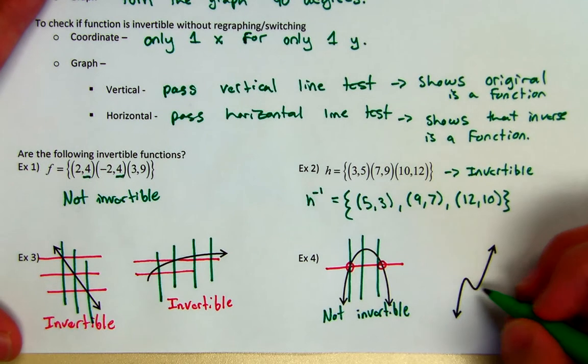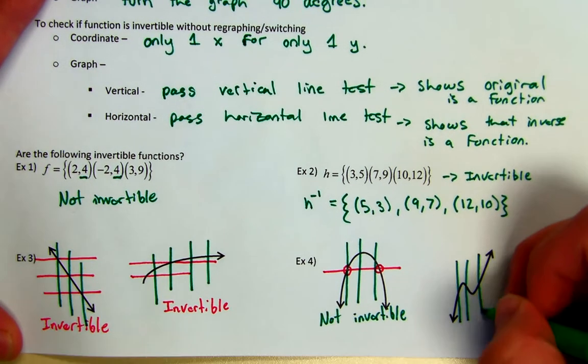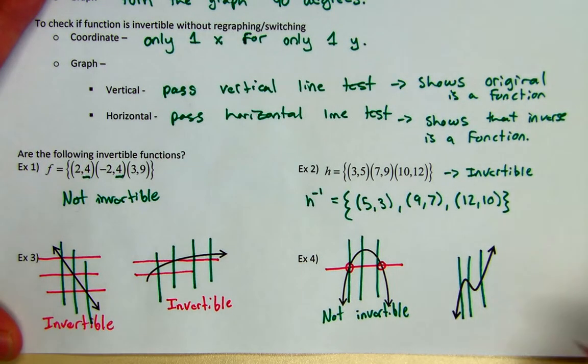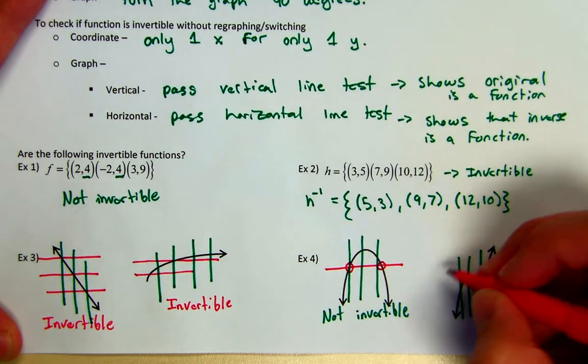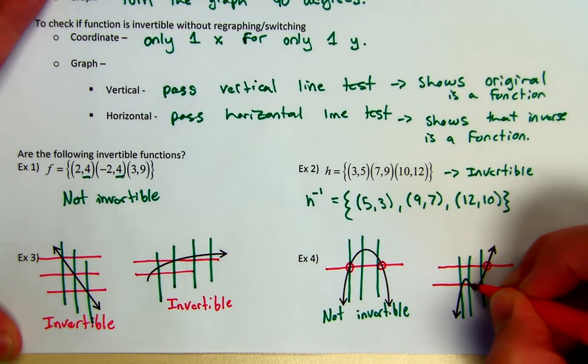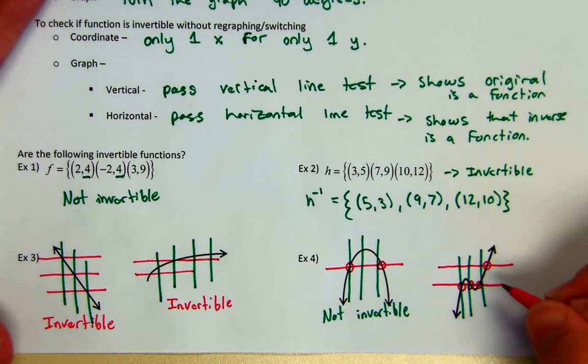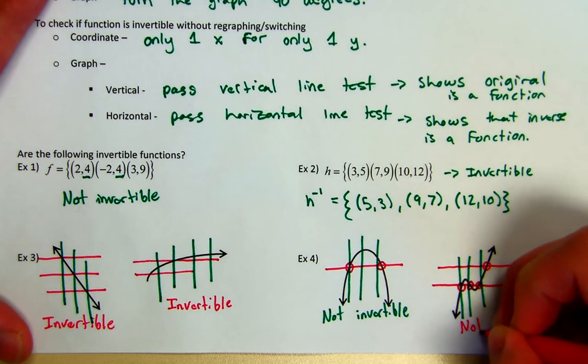If I look at the second graph in example 4, passing vertical lines through it, it passes. Now, if I put horizontal lines through it, up here it only hits once. But if I put a horizontal line through here, I actually end up hitting that graph 3 times. Again, anytime it hits more than once, it becomes not invertible.